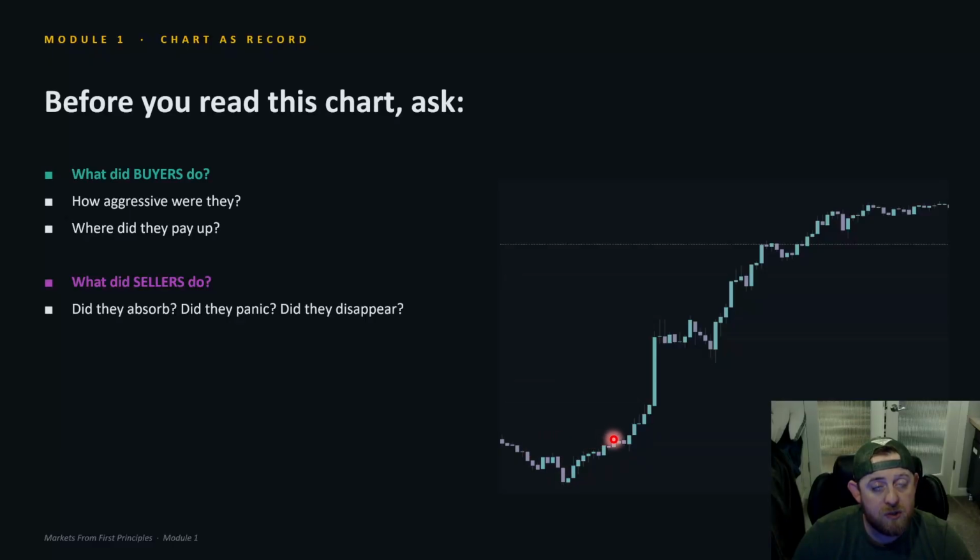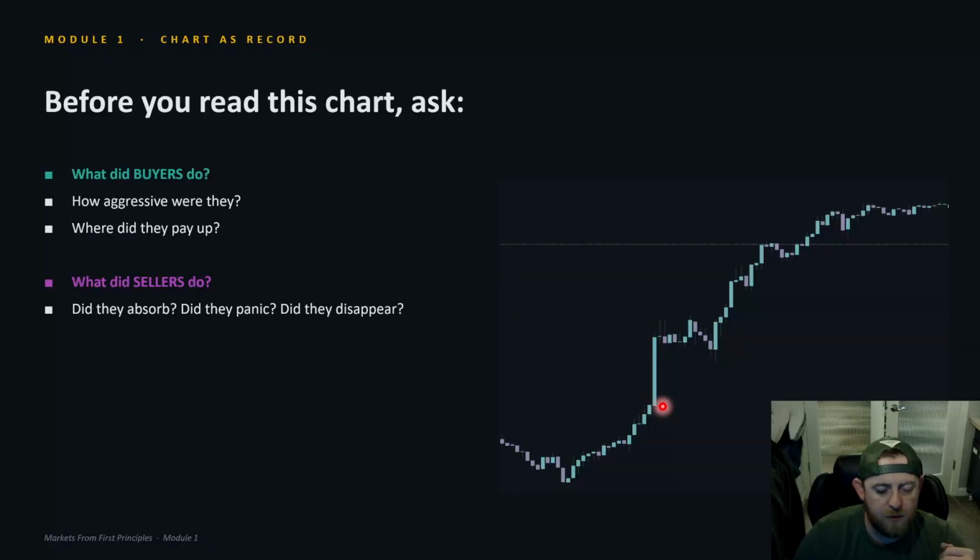All of the shares have been sold and all of those sellers have been satisfied and left the market until this point. Then there are very few sellers between here and here.